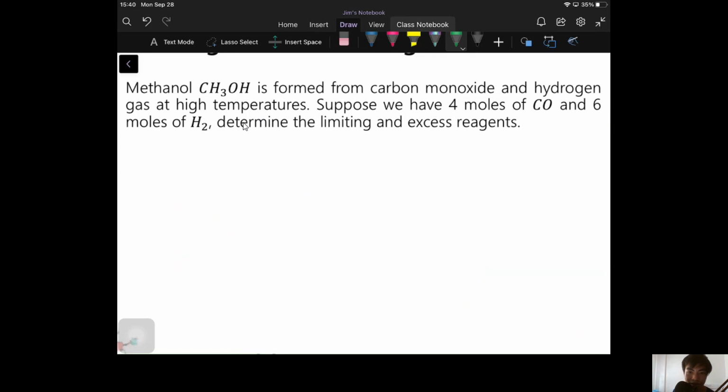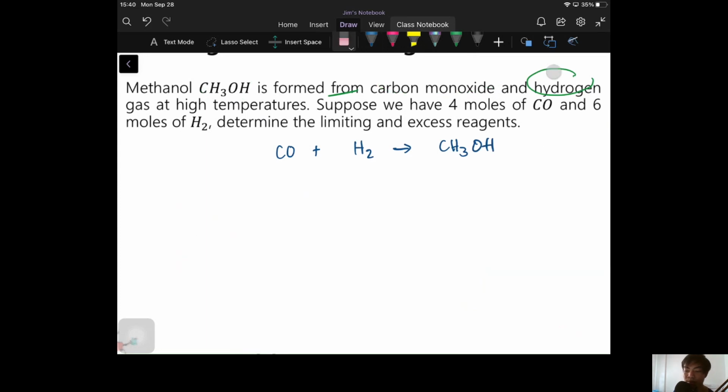Wala tayong equation. So, we have to create equation out of the words. So, sabi dito, methanol is formed from. So, andyan yung keyword natin na from. That means this is the product and these are the reactants. So, ganun lang. So, you have CO, hydrogen gas, CH3OH.